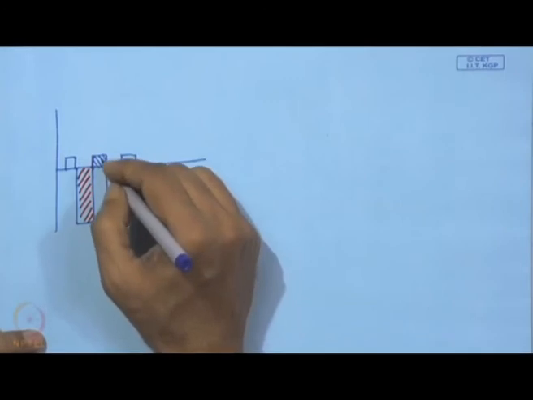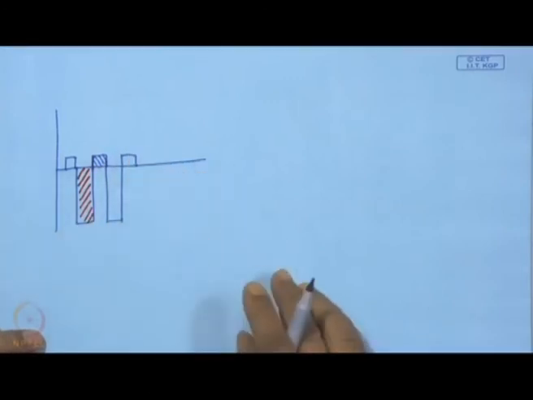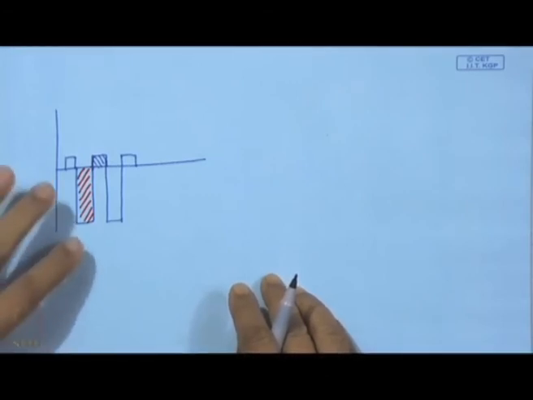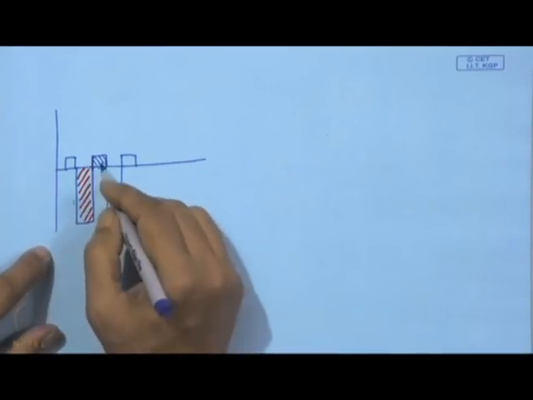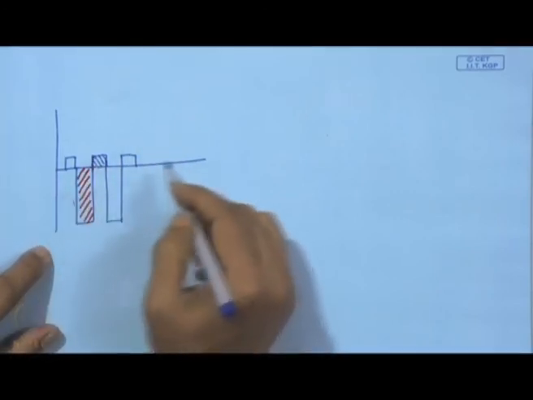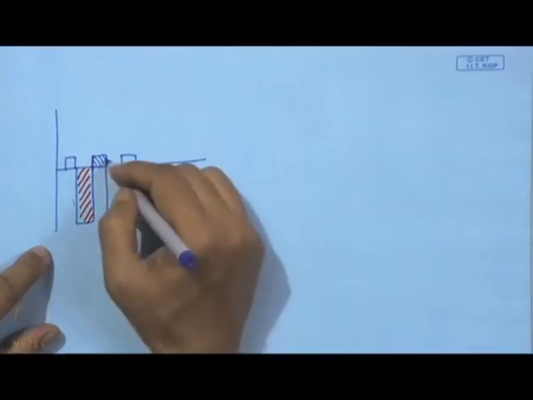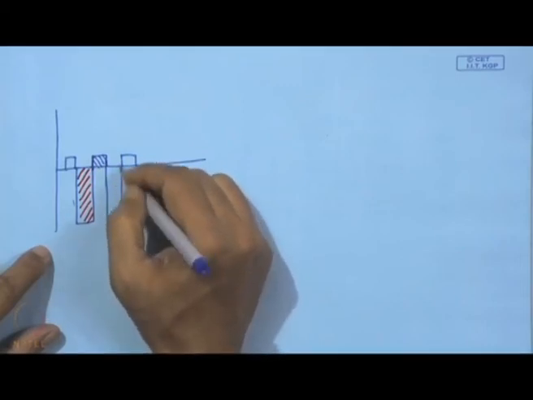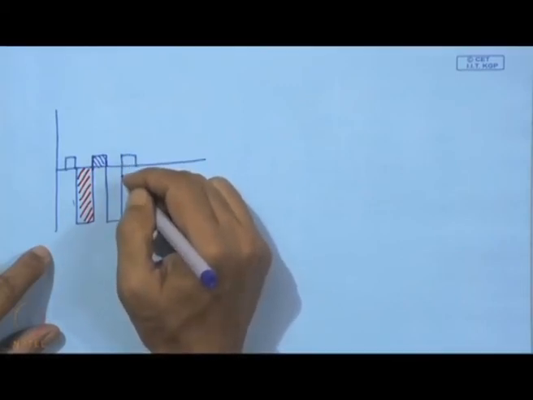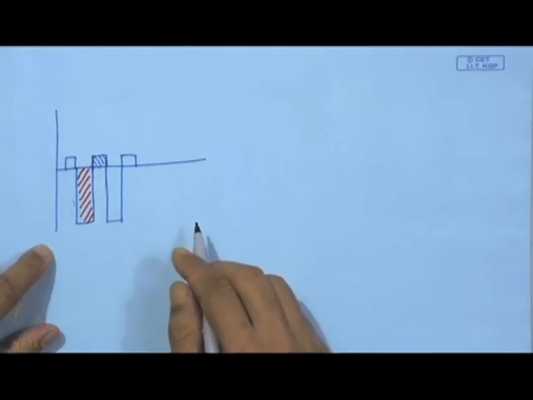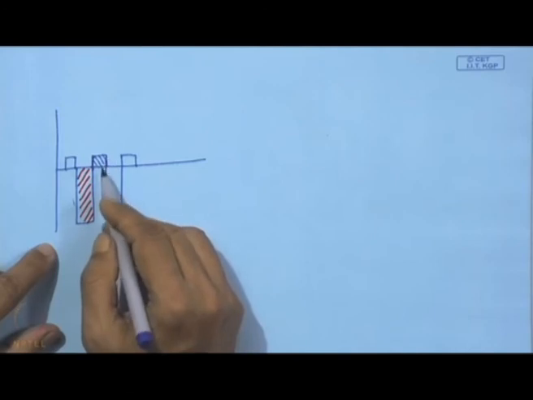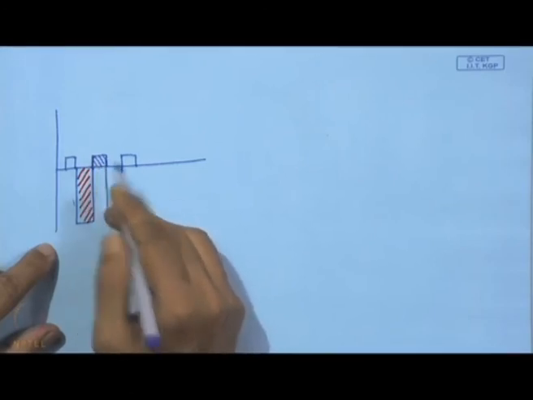So, we have to have a little bit of positive biasing to ensure that all accumulated charge during this period is totally discharged and it is at the 0 level, and the process of activation of the cathode can again start.